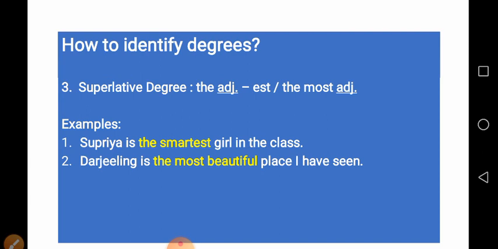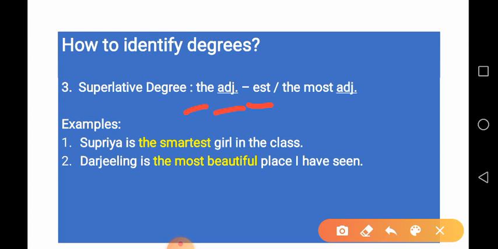In the superlative degree, the adjective is preceded with the article the. So, the article the is always taken before an adjective, and the adjective is added with est, like the word tall, taller, tallest.